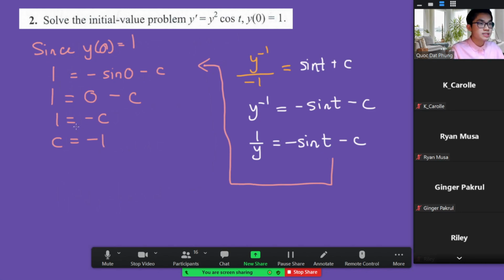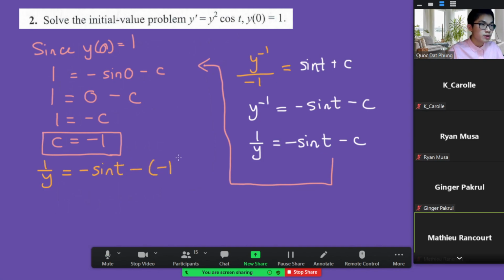Okay, so we're going to substitute this back into our equation. Substituting this back, we get 1 over y is equal to negative sine t minus c, which is minus sine t plus 1.